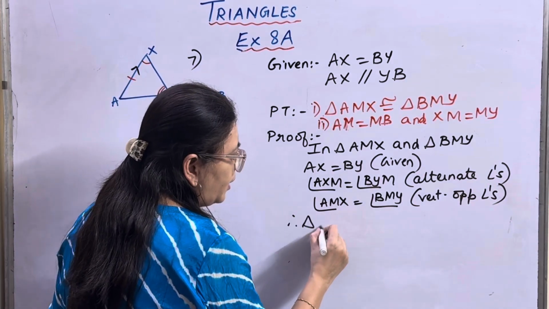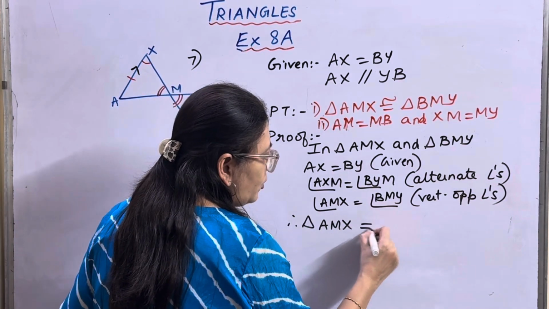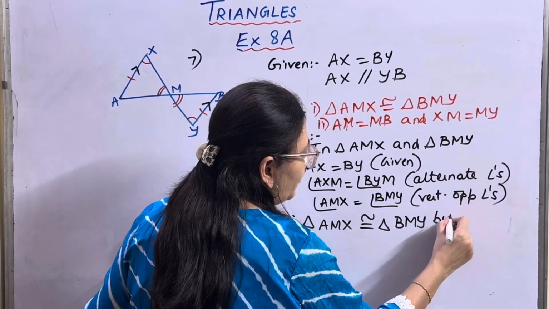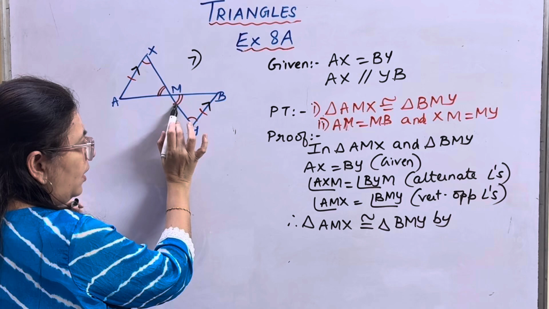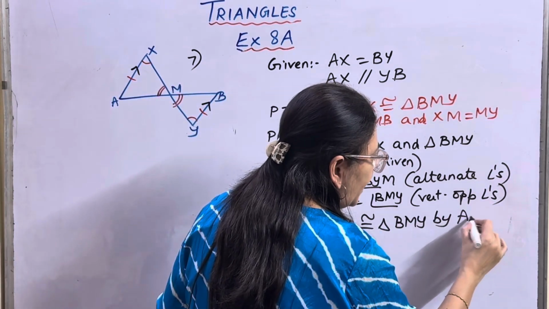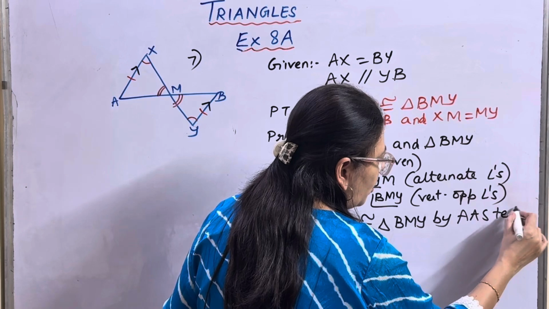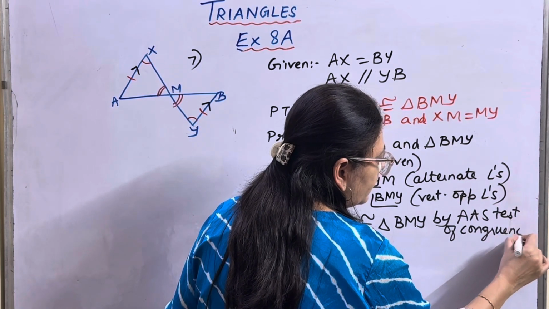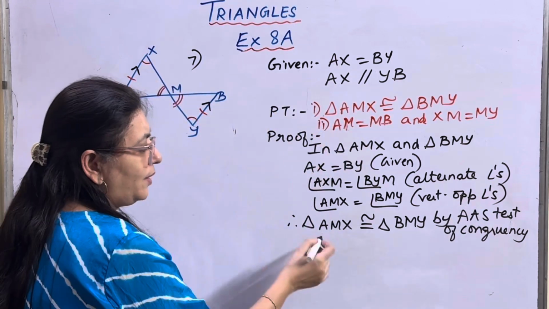Therefore, triangle AMX is congruent to triangle BMY by which test? Angle, angle, side. So, by AAS test of congruency. So, this one is done.